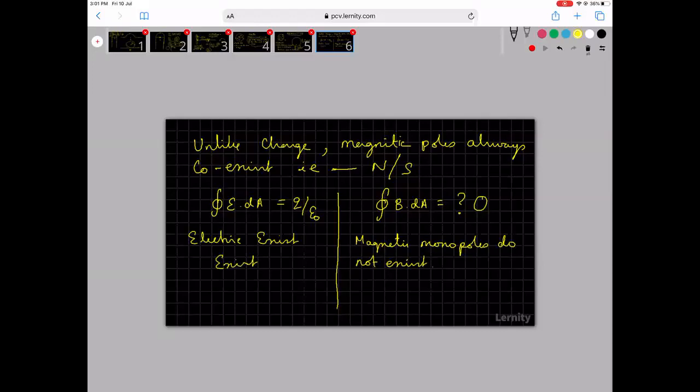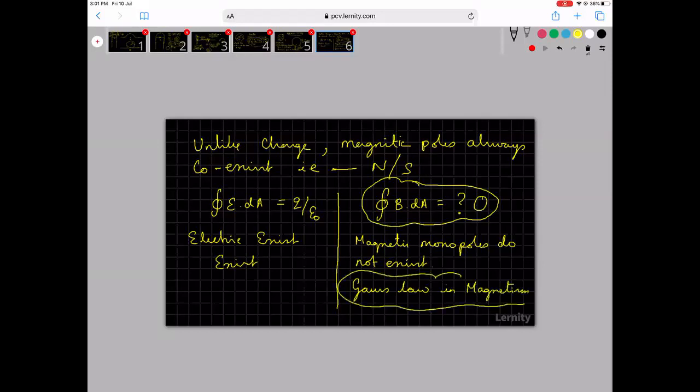Magnetic monopoles do not exist. This is what is referred to as Gauss law in magnetism.